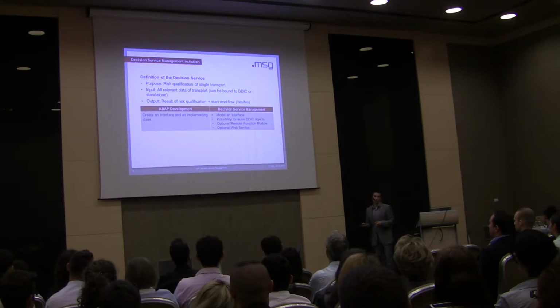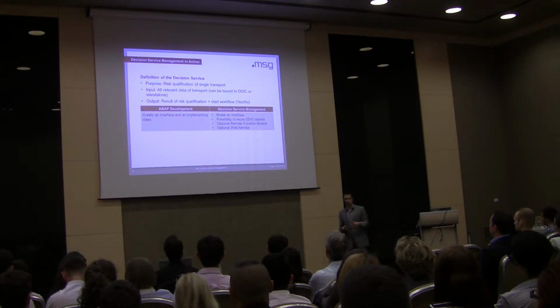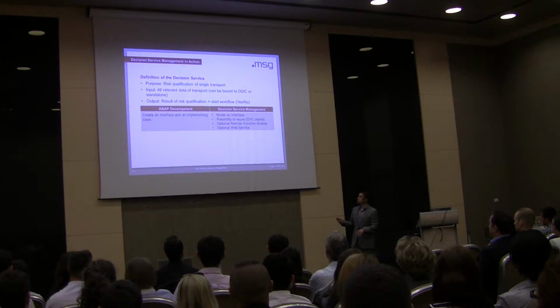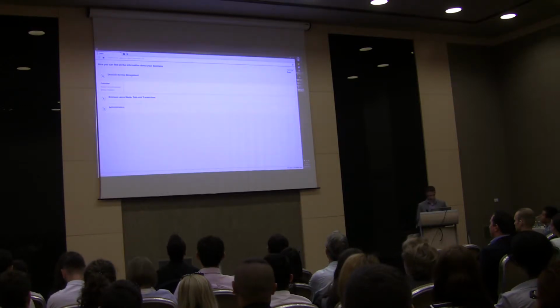As I mentioned before, you have the possibility to reuse data dictionary objects, so you can reuse all the stuff that is within your backend, or you can completely decouple and define everything within DSM. And there are some goodies. You have the option to create a remote function module out of this modeling, or to create a web service. That comes for free. So let's see how this looks like within the system.